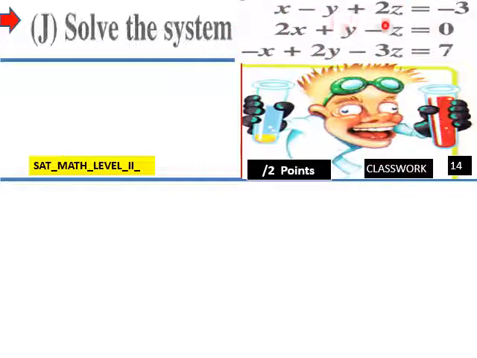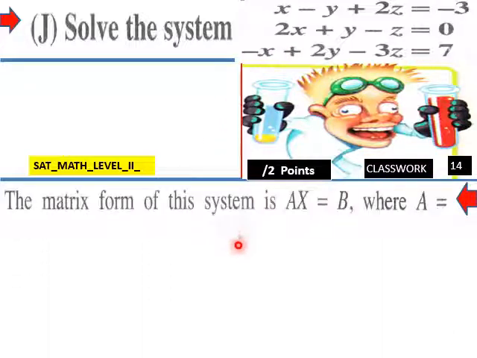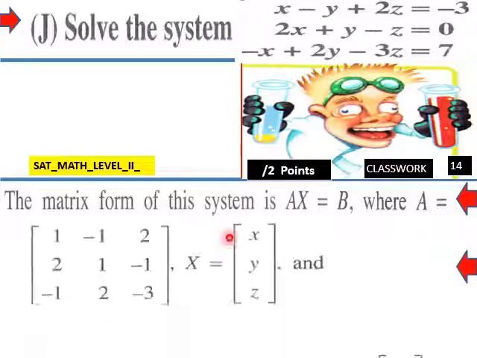We have x, y, and z variables here, and here are constants over here. So how are we going to do this? The matrix form of this system is AX equals B, where here's our A, here's our X equals x, y, and z, and then our B would be our constants out here.